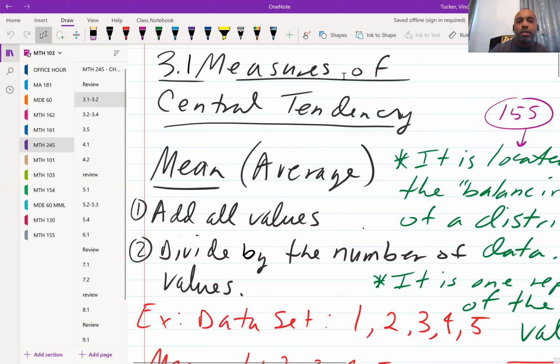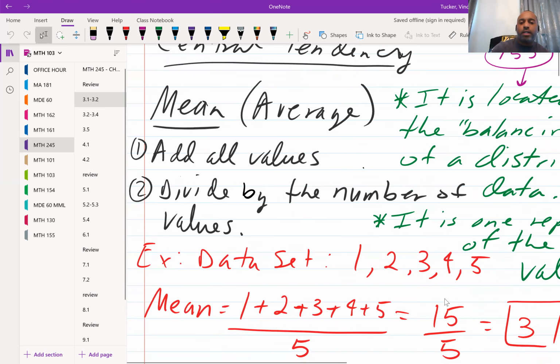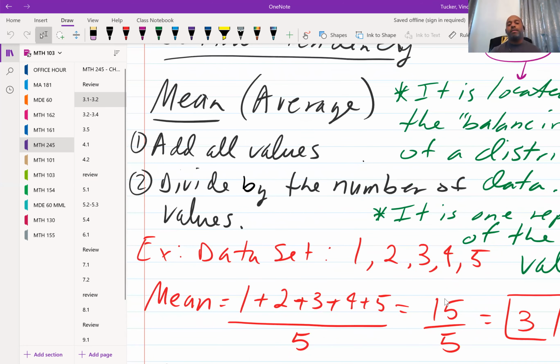Trying to make sure my screen is shared properly. Okay. So just a simple example, if I have the data set of 1, 2, 3, 4, 5, I will add up 1, 2, 3, 4, 5 and divide by the number 5 because I have 5 data values. So that'd be 15 divided by 5, which would be 3.